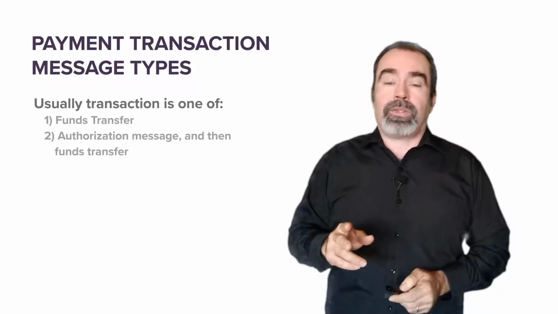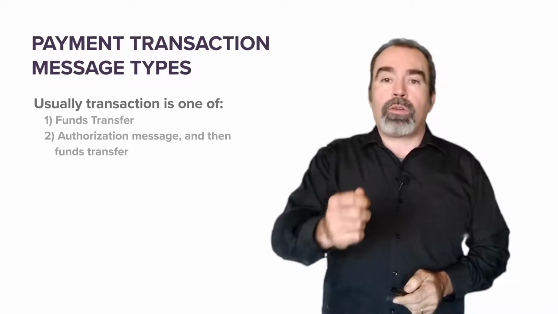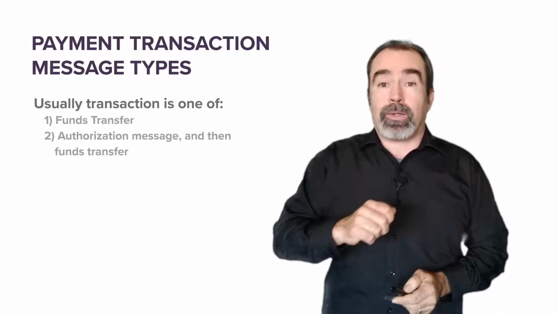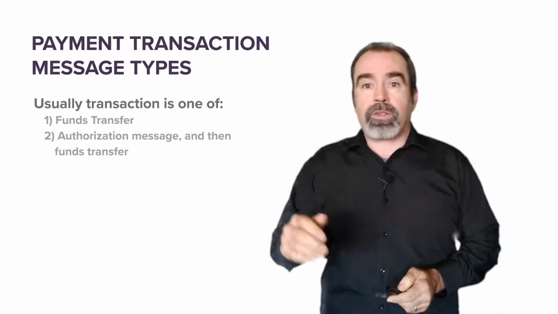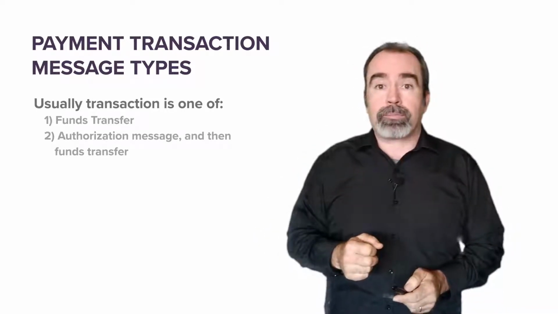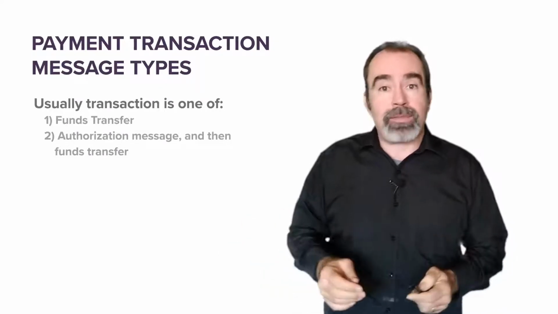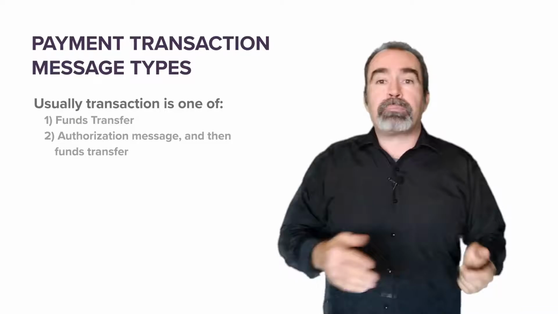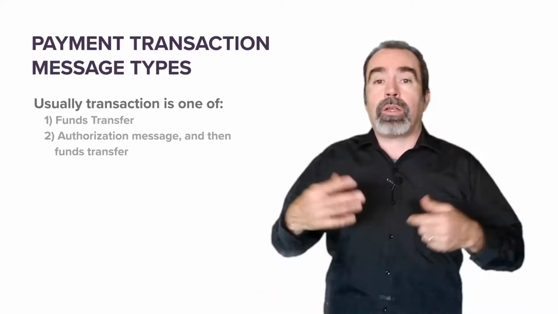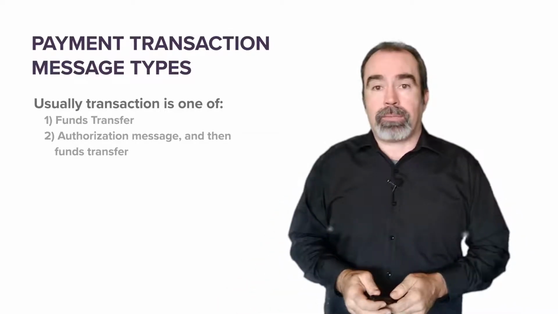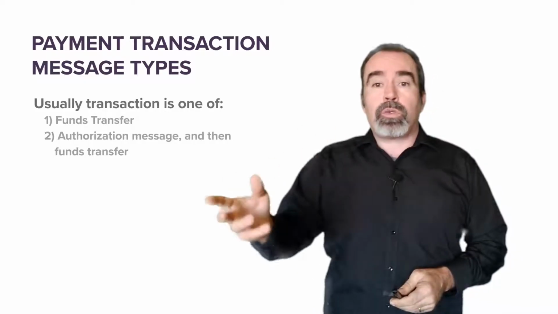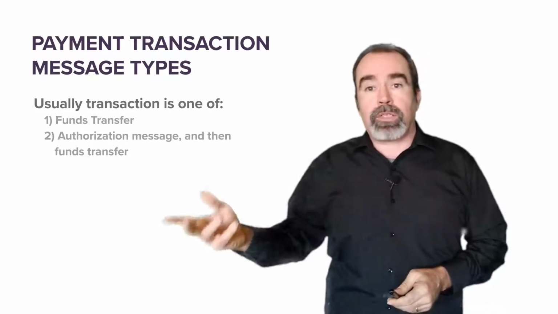In a 2-message system, there is more of a conversation that goes on. The acquiring bank asks first, this person wants to make a purchase, do they have enough money? The issuing bank then responds, hopefully yes, that person does have enough money. Then the acquiring bank might say, okay, please transfer that money because that purchase has been made. Now, depending on the geography, some systems use a single message, some use a double message.